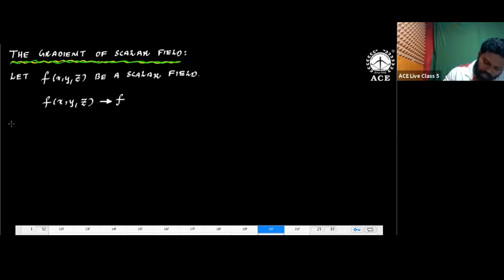So what is the gradient here? Del into f. What is the del? Dou by dou x cap plus dou by dou y cap plus dou by dou z cap, into f.